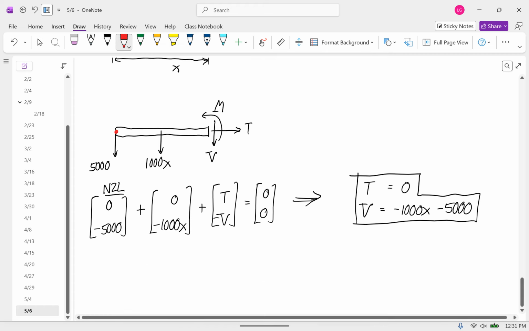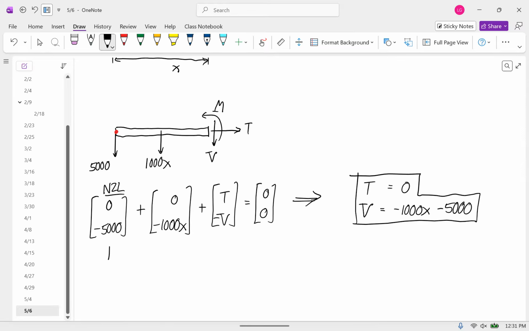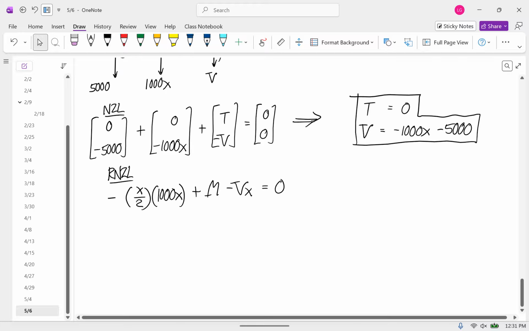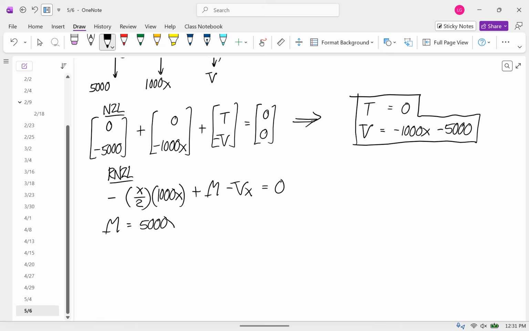And then the moment equation, we have a negative moment with a moment arm of x over 2 and a force of 1,000x plus m minus vx is equal to 0. So m is equal to 5,000x squared minus 1,000, this is x squared, minus 1,000x squared.